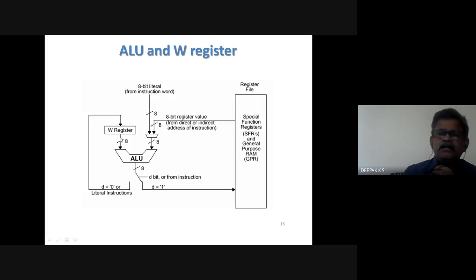These data are called the operands, and the register in which one operand is stored is called the working register, and there would be another operand. Operand means, in add A and B, A and B are operands, and add is the opcode. The thing which does this addition is this ALU. So you should be familiar with the ALU, and one register is a working register. We'll come to that again.